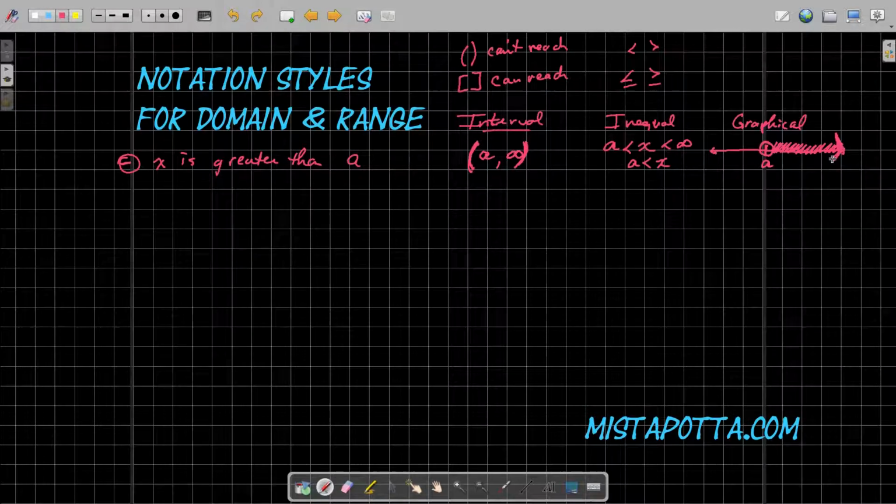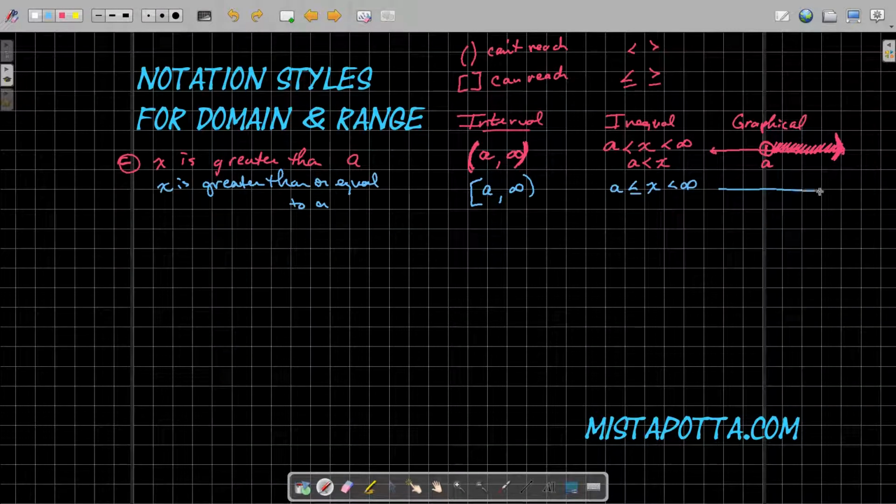So you may remember these from your algebra classes, but of course we have x is greater than a. We also have, let me do this in a slightly different color, x is greater than or equal to a. And so this is where I would use the squared off bracket on a, but again, infinity can go on. My interval notation, I'm going to use the less than or equal to.